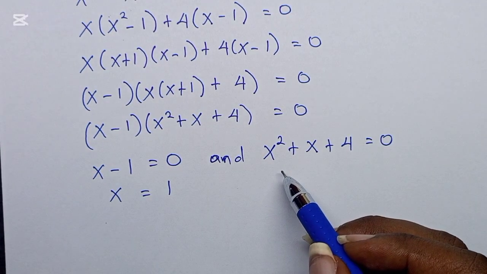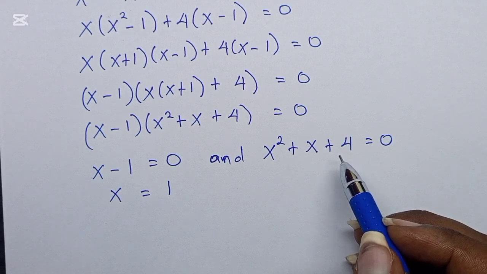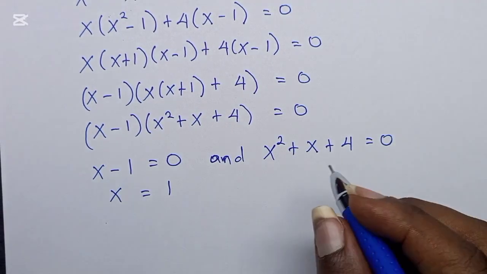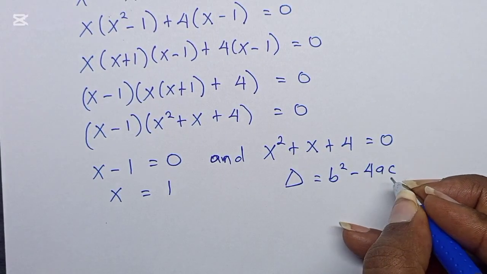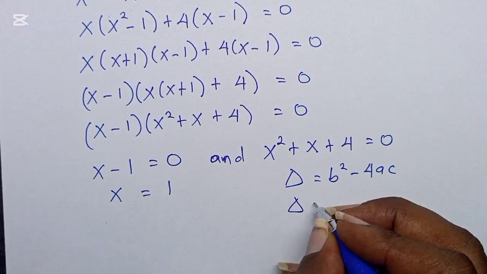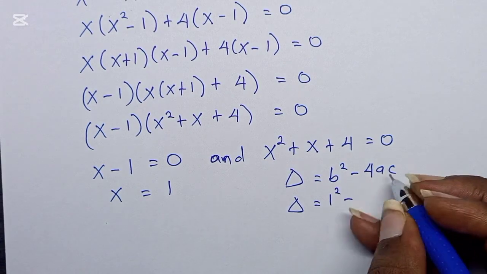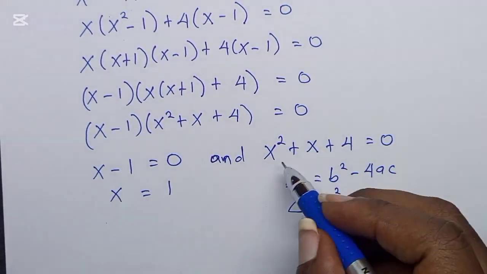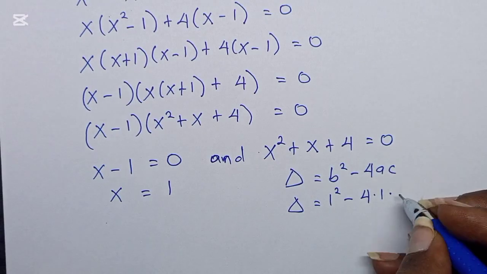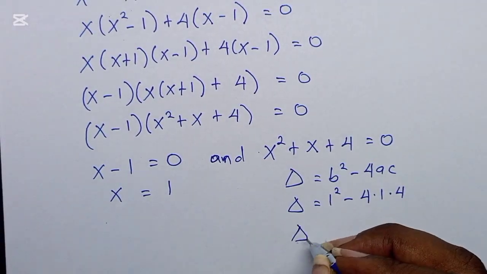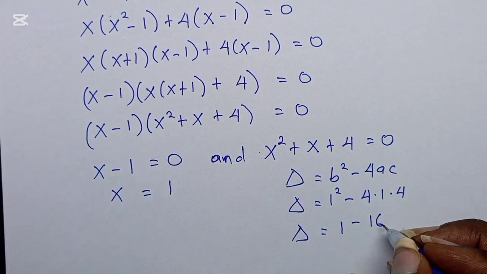Now let's check whether this will give us a real solution. Let's use the discriminant formula, which is b squared minus 4ac. Our value of b is 1, so 1 squared minus 4. Our value of a is 1 also, times 1. And our value of c, the constant, is 4. So we shall have 1 minus 16.